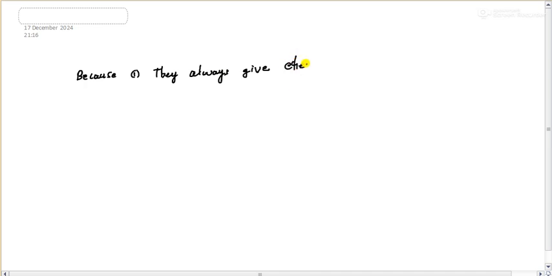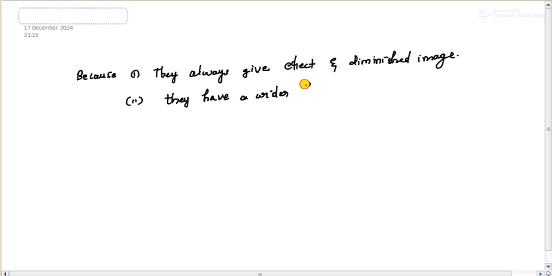erect and diminished image. This is the first point, diminished image. And the second point can be that they have a wider field of view as they are curved outwards.